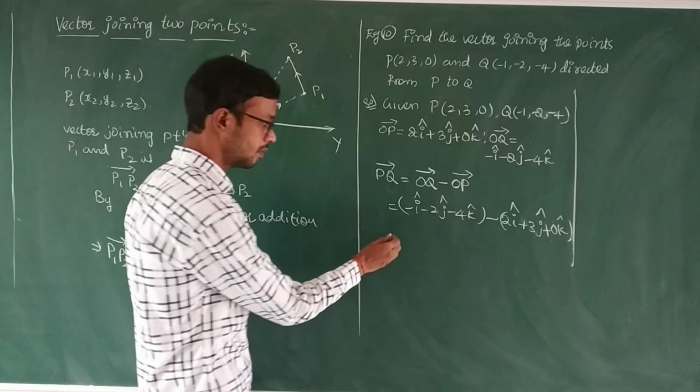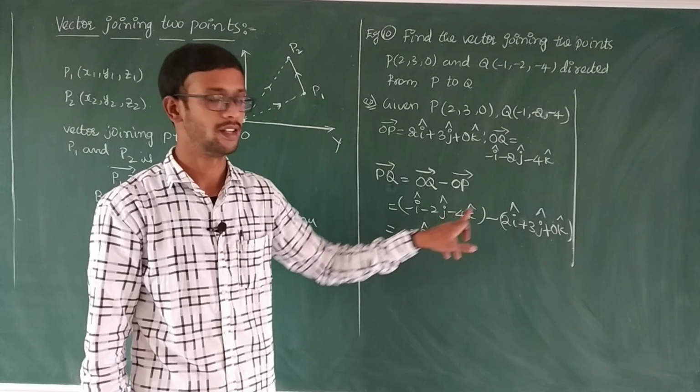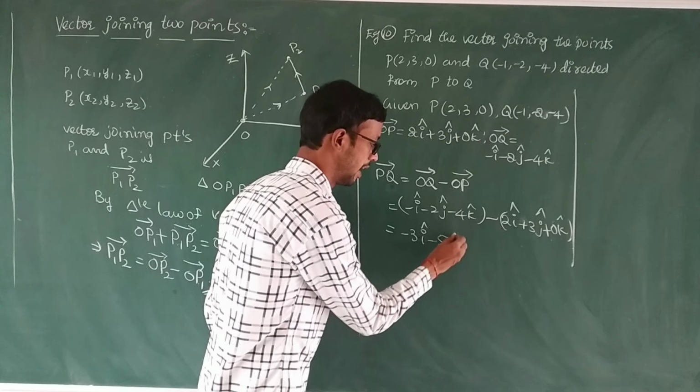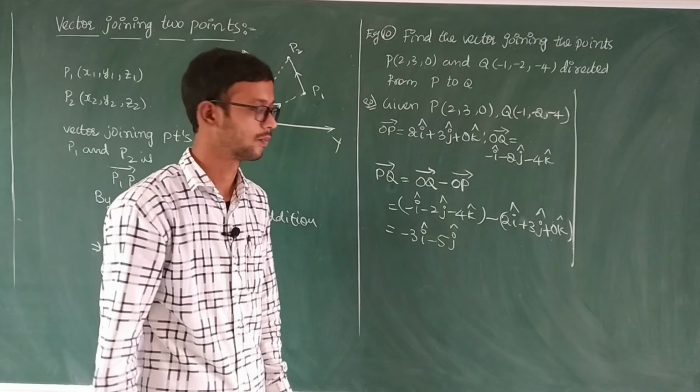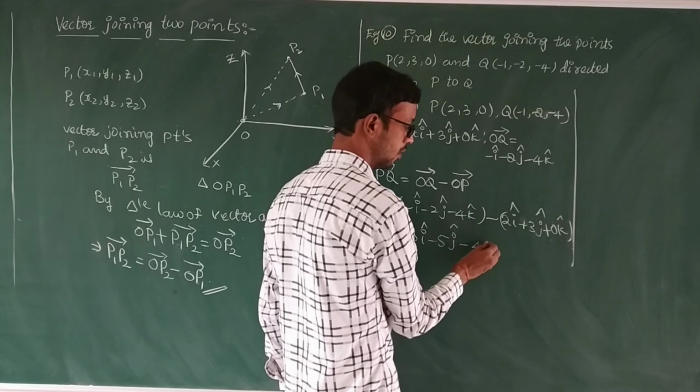Minus i minus 2i is minus 3i, minus 2j minus 3j is minus 5j, minus 4k minus 0 is minus 4k.